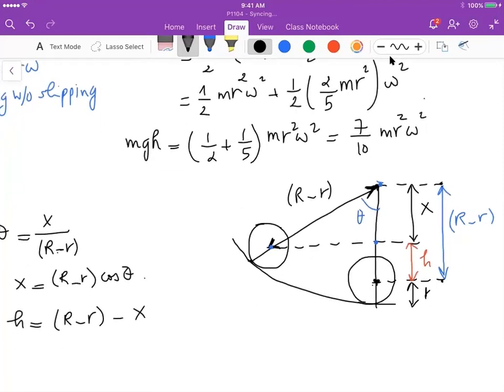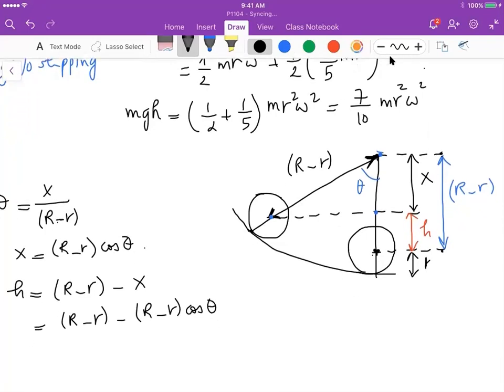Right? So it is given by R minus r minus x, which we got a moment ago as R minus r multiplied by cosine theta. And so we can deduce that finally h is equal to R minus r, taking it as a common factor, times 1 minus cosine theta.